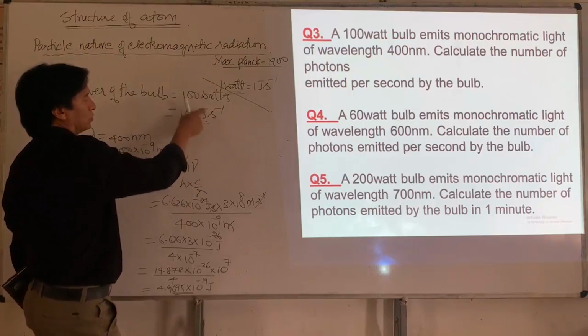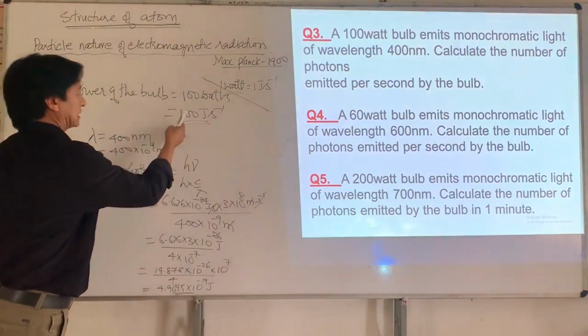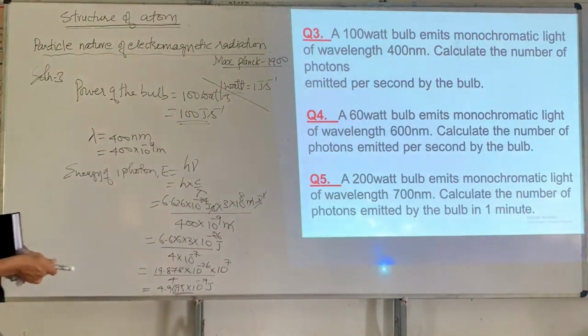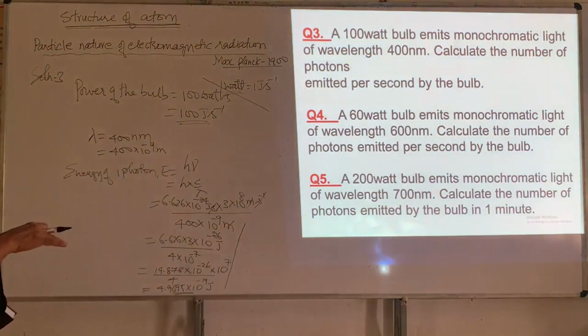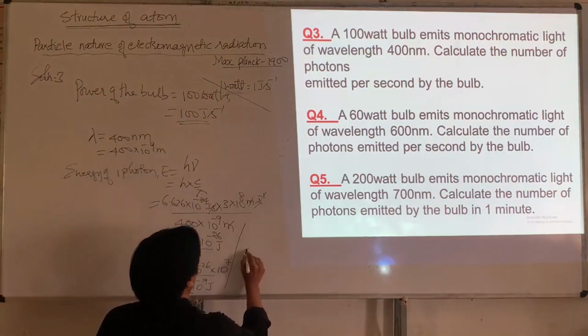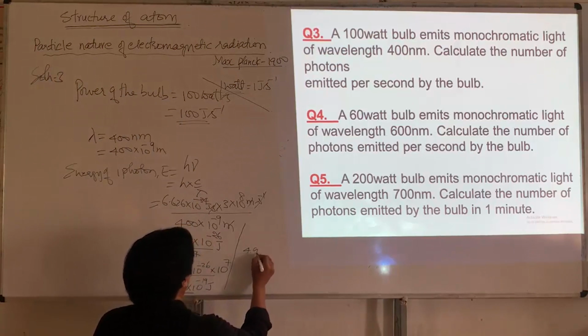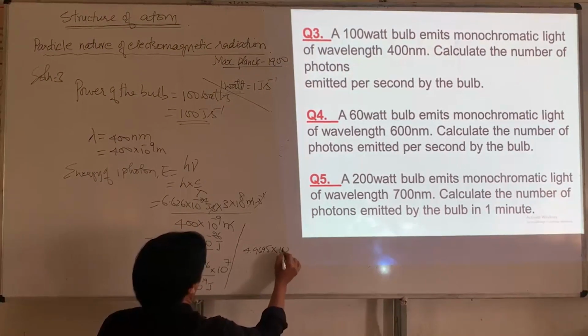So this energy of 100 joules is given by how many photons? Talking about the number of photons, this energy, 4.9695, maybe you can take this as 5 into 10 raised to the power minus 19 joules.